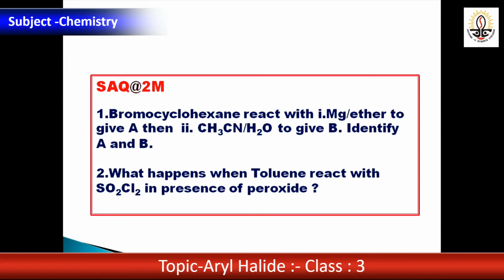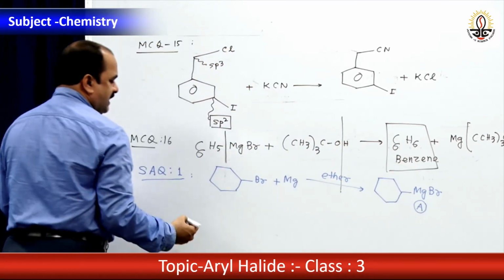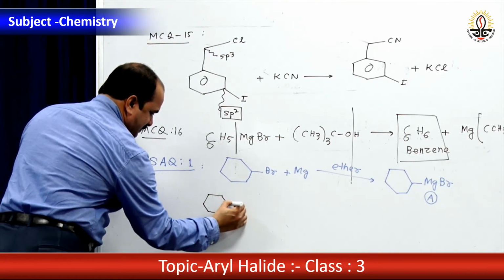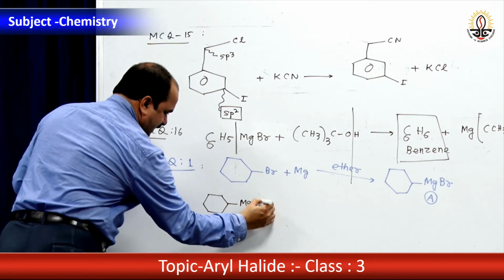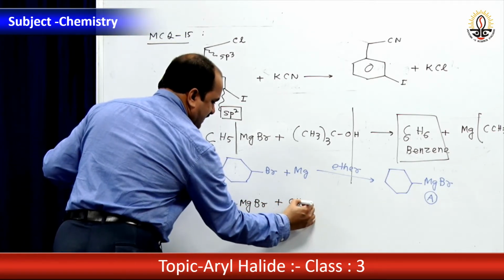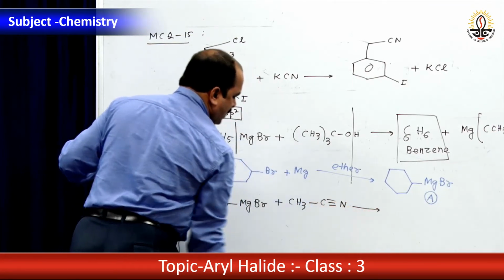Here, cyclohexyl magnesium bromide is mixed with methyl cyanide. So this is cyclohexyl magnesium bromide plus methyl cyanide, CH3C triple bond N. It gives an adduct.